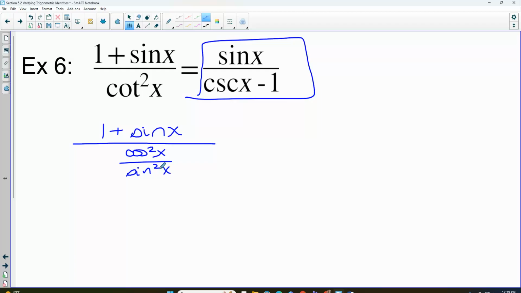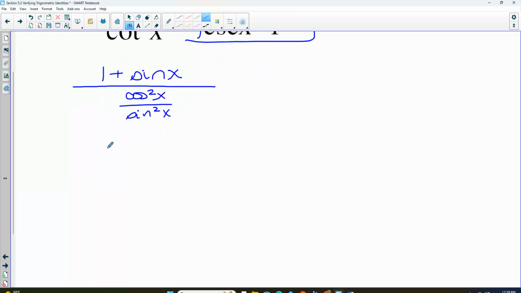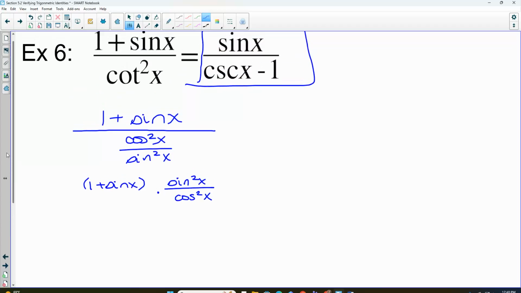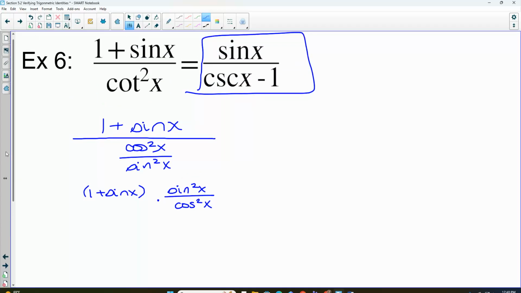Multiply by the reciprocal. Okay. How does that help me? Look at our goal. We want a plain sine on top, which we have in this jumbled mess. On the bottom, I don't want cosine. I want cosecant.